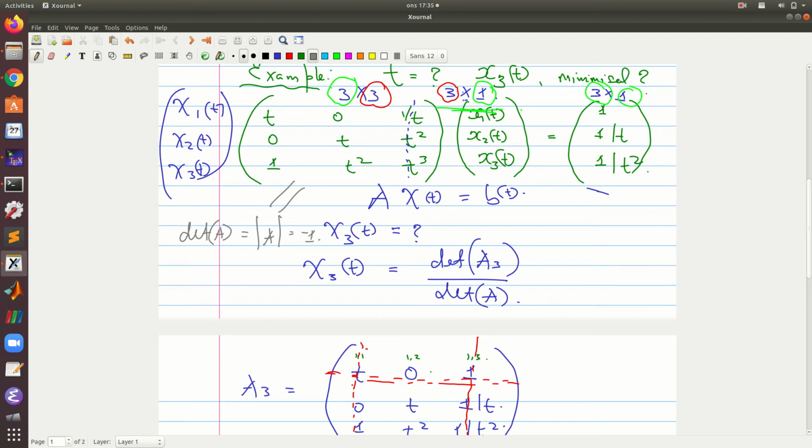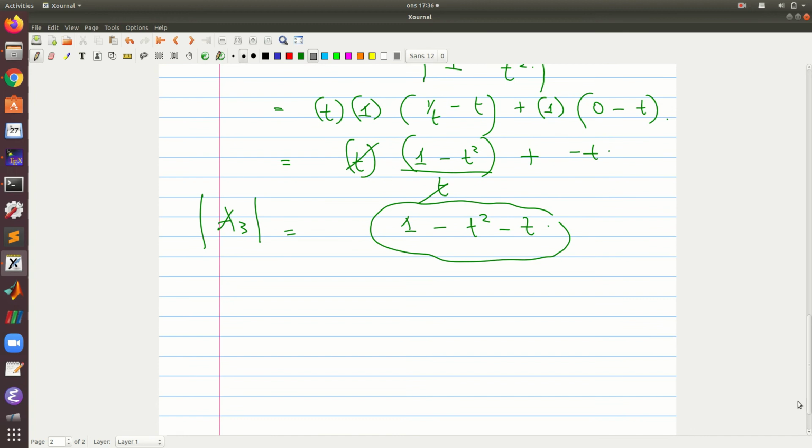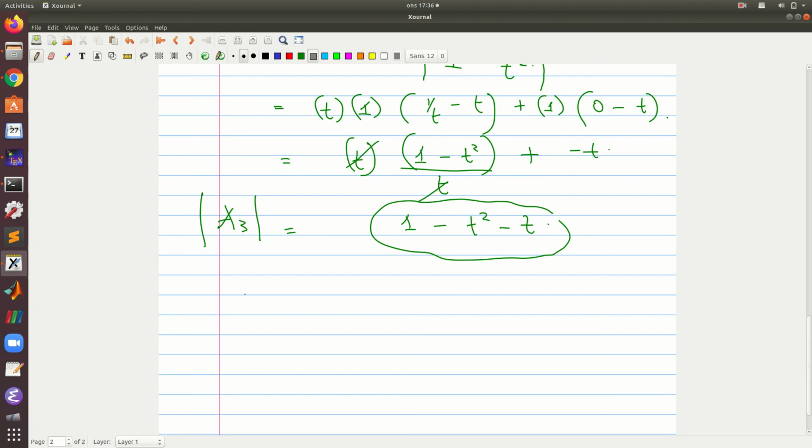Okay, for purposes of time I will just write what I see in the textbook here, such that x3 of t is simply determinant of A3 over determinant of A, and which we have as 1 minus t squared divided by -1, for which t becomes positive, and then that becomes positive, and then this becomes negative.